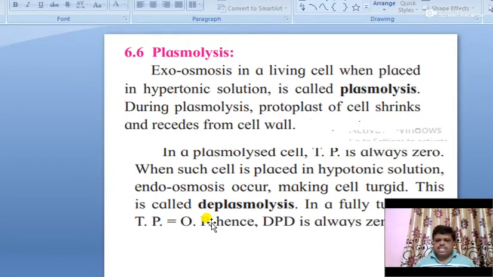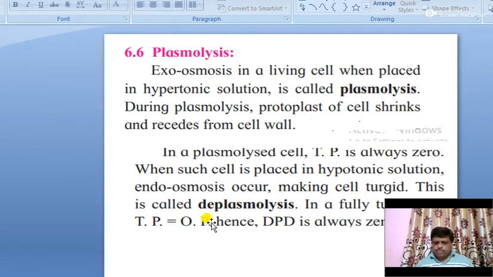When such a cell is placed again in a hypotonic solution, endosmosis occurs, making the cell turgid. This is called deplasmolysis. In a fully turgid cell, TP is equal to OP, hence DPD is always zero.